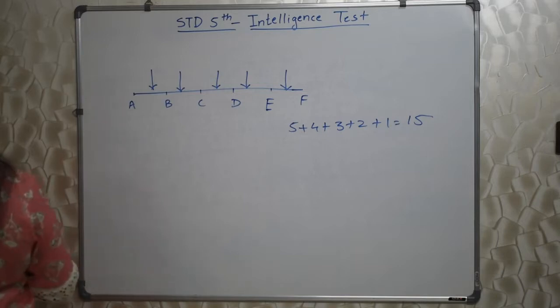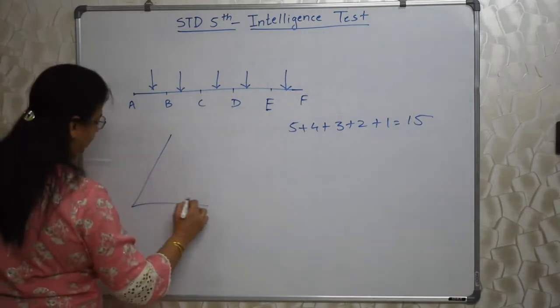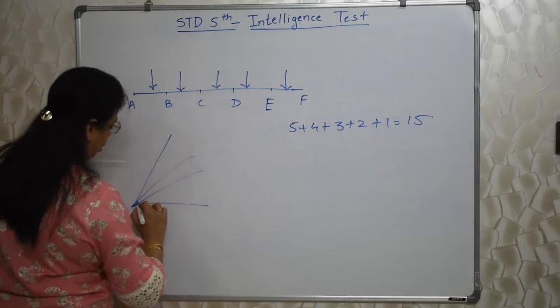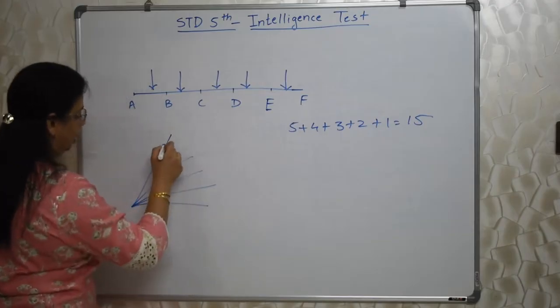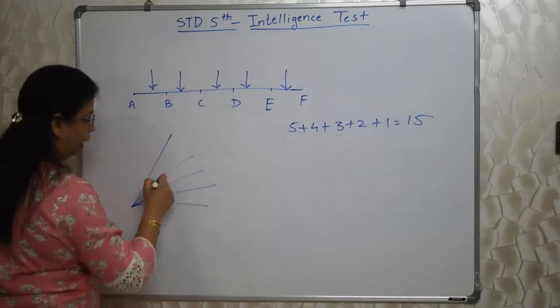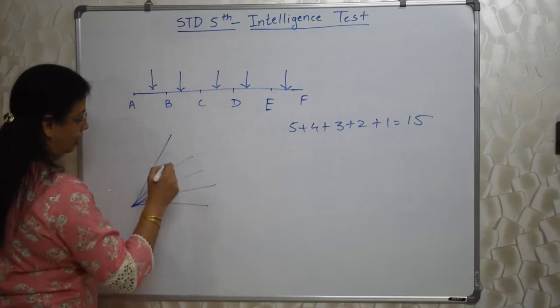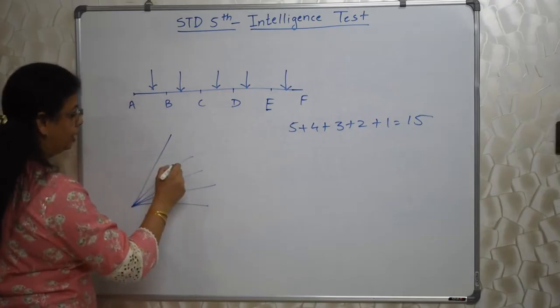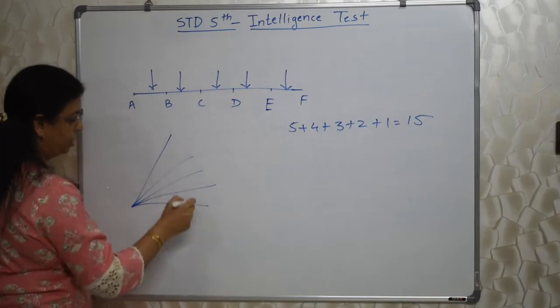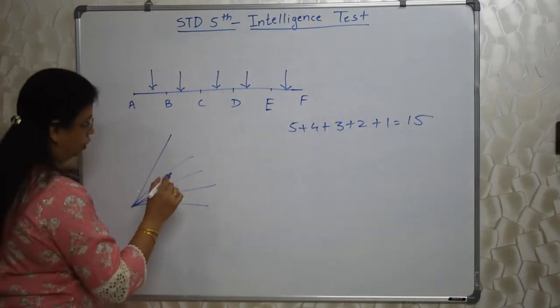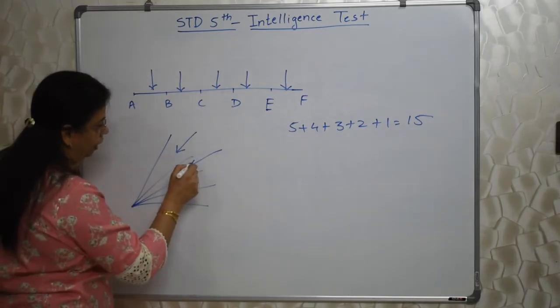Okay? Next one if they give something like this. Here also I have seen students counting actually how many angles are there. The question is how many maximum angles can be formed from this given figure. So your job is to find out the gaps like this.